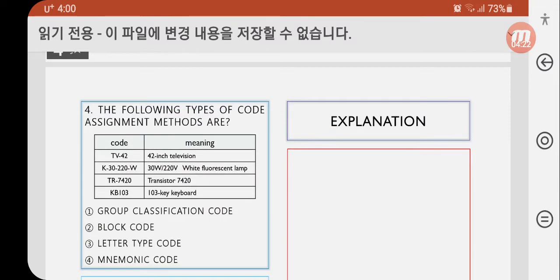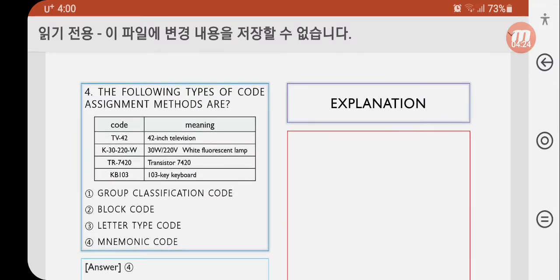Next question. The following types of code assignment methods are code examples: TV-42 means 42-inch television.